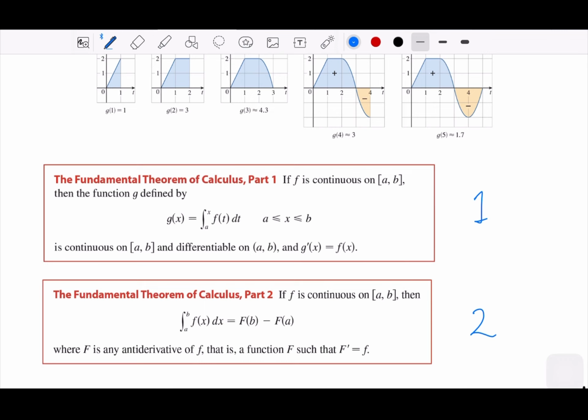Okay. This second part of the fundamental theorem of calculus is: if capital F is the antiderivative of the small f, then if you have the integration from a to b of f of x, you directly take the antiderivative at the end value and then subtract the antiderivative at the initial value.